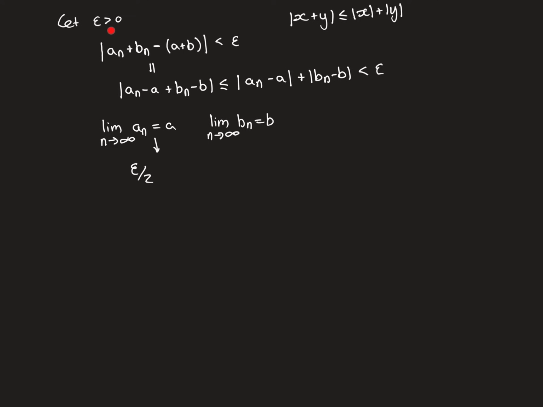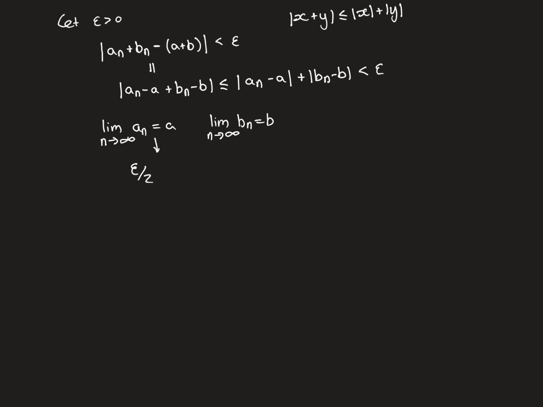So I've been given a general epsilon that I've been asked to find a big N such that for that big N and for all the terms afterwards, this inequality is true. I'm now going to use the fact that I know these things are true on an epsilon equal to epsilon over 2 for both of them.